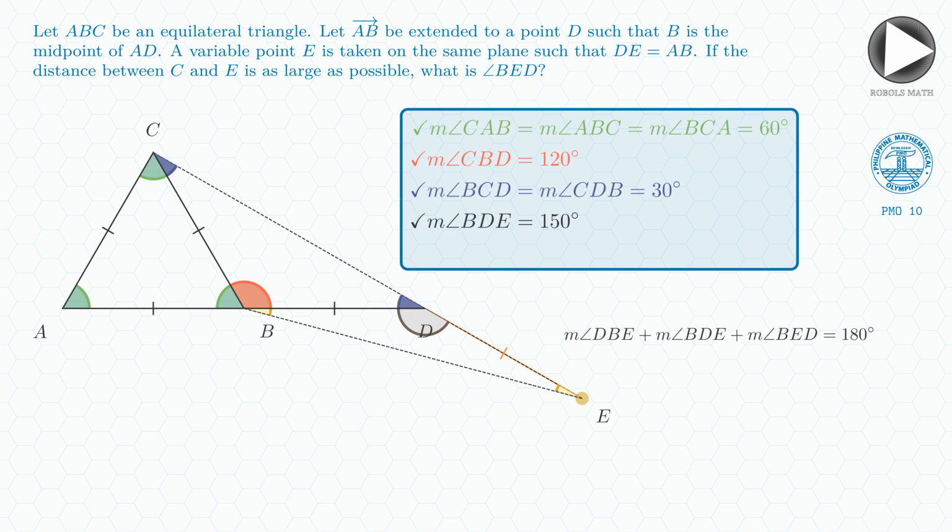We let y be the measure of angles DBE and BED, and then we'll get the equation y plus 150 plus y equals 180, and eventually conclude that y equals 15. Therefore, the measure of angle BED is 15 degrees. And that's our final answer.